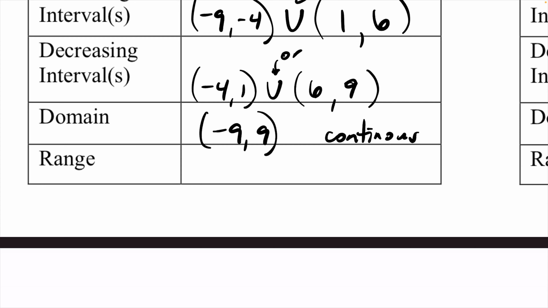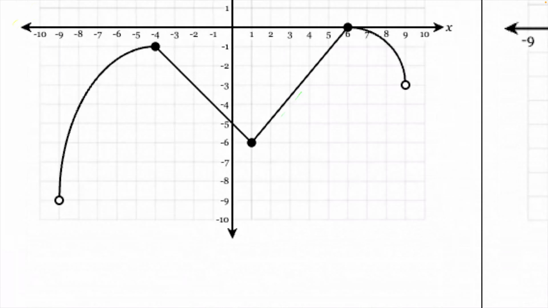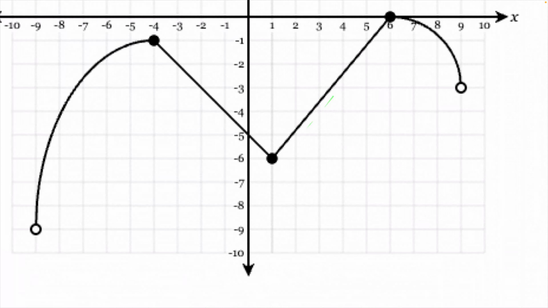Okay, so let's go look at range now. So if you had to put a bottom, a floor, what level would it be? Like at -7, is that a floor?